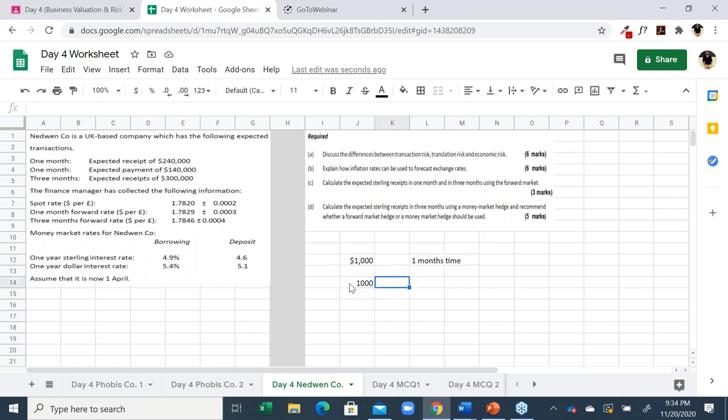And maybe we need two local currency units, that is £2 sterling, to buy $1 after 1 month's time, right? Then how many pounds sterling would we be needing in 1 month's time to buy $1,000?